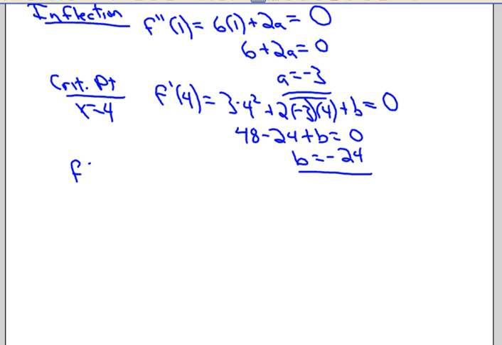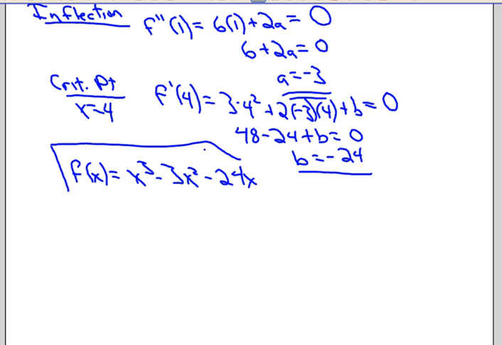So now let's just double check our function and see what we've got. We've got our x cubed, and a was -3, so -3x squared minus 24x. So this is our answer. That's our function.